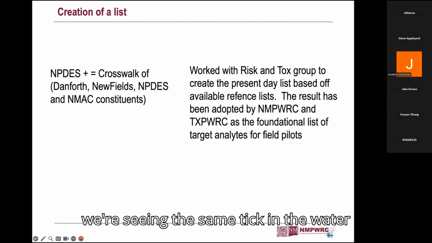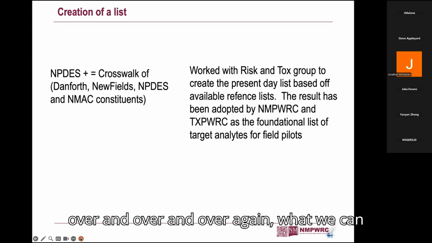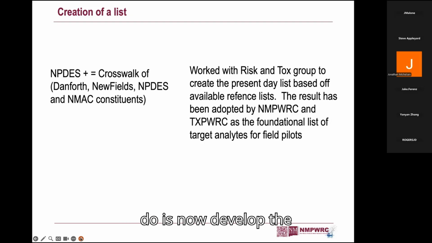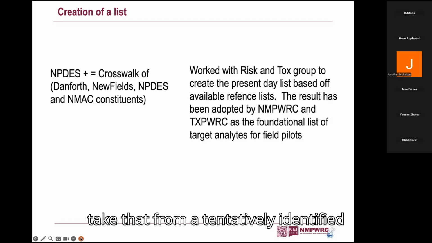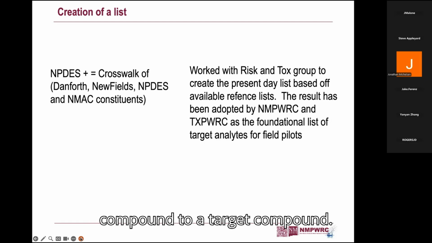What's interesting is if we're seeing the same TIC in the water over and over again, what we can do is now develop the method, whether it be 8260, 8270, or one of the LCMS methods, to take that from a tentatively identified compound to a target compound.